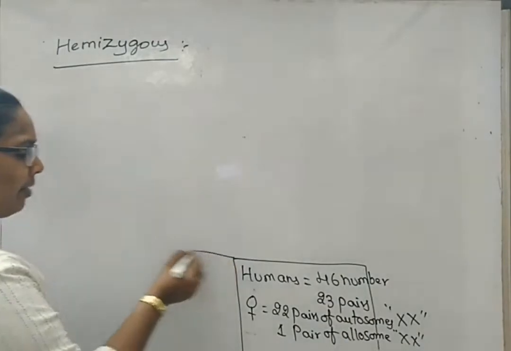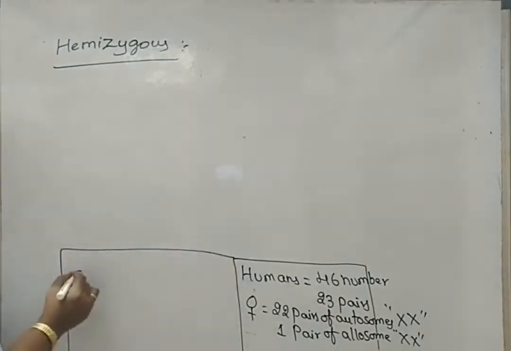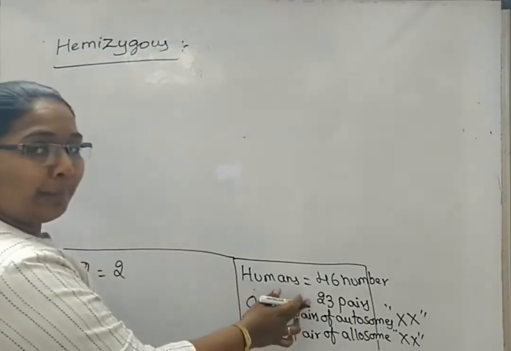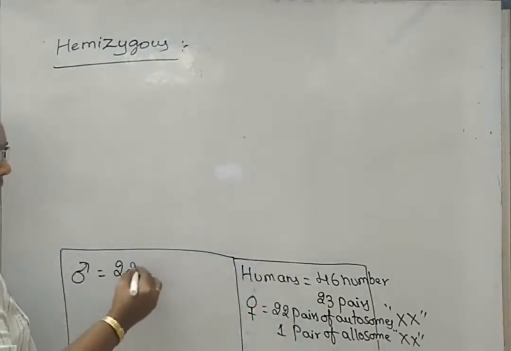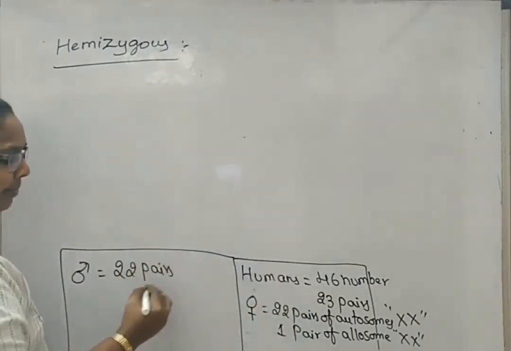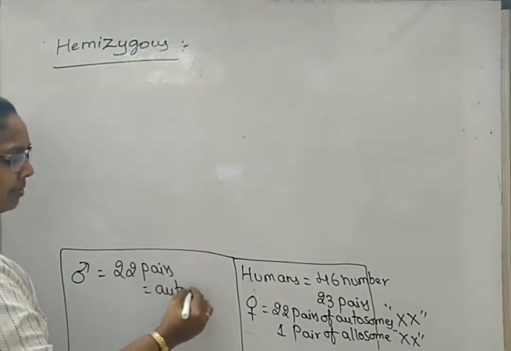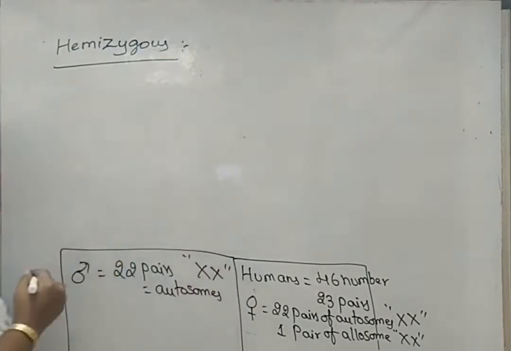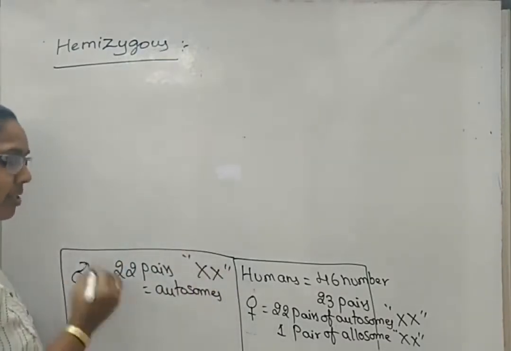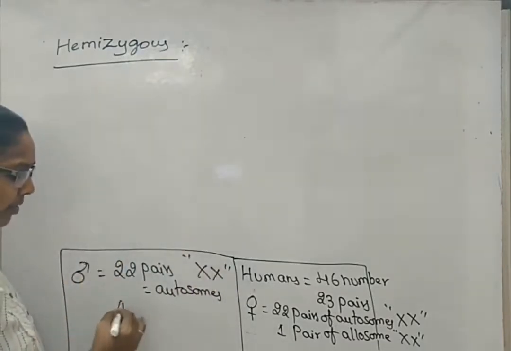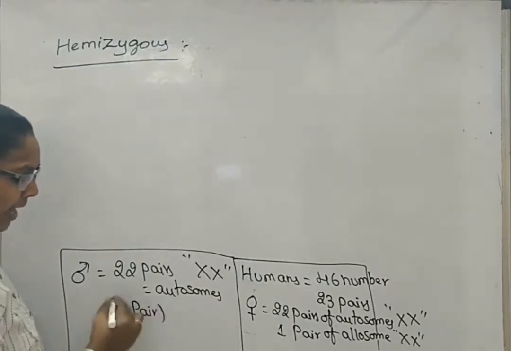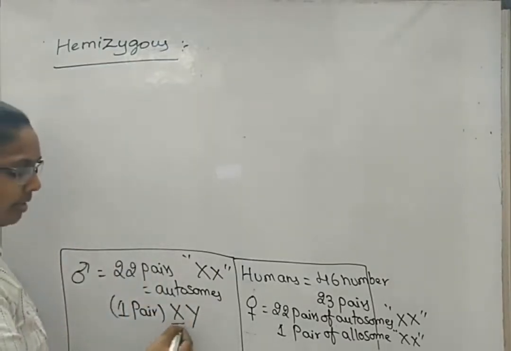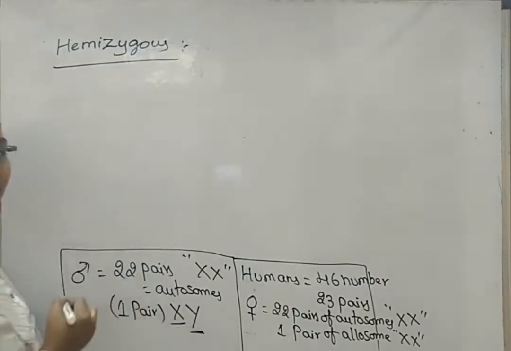But if you take male humans, out of the 23 pairs of chromosomes, they have 22 pairs as autosomes, which are represented as XX type only. But the last pair is actually X and Y. Here X is one type, Y is another type.